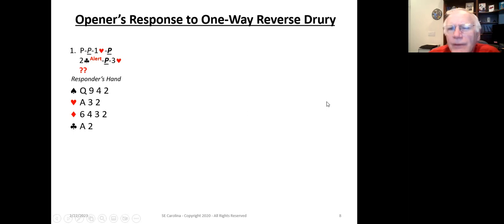Now let's look at some examples where we're looking at the responder's second bid. Here we have the opener bidding 1 heart, the responder initiating Drury by bidding 2 clubs, and then the opener bidding 3 hearts. What has the opener just said? They've got 6 plus hearts and 14 plus points. Now that's the responder's hand. They've got 3, so they know they've got at least 9 cards between them.